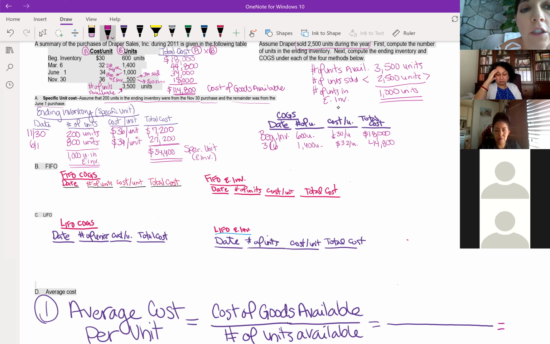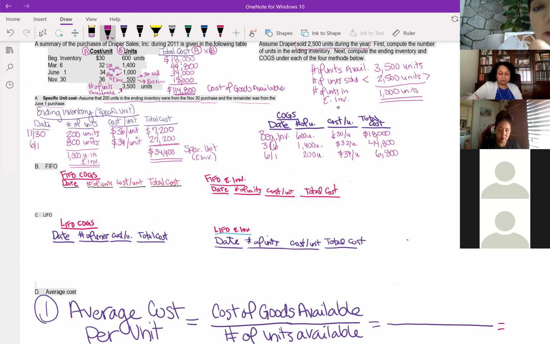June 1st, 200 units of June 1st are left over and sold at $34 per unit as a cost basis. So when you multiply 200 units times $34 per unit, what's the amount that we're expensing for this layer? 6,800. From the November 30th layer, 300 were sold and only 200 were left over.